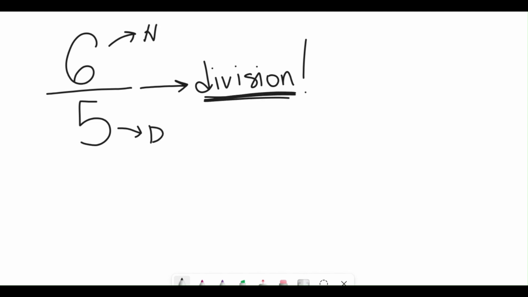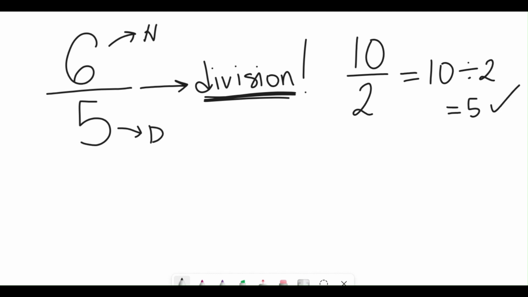So that means if it's possible, we can divide, right? Imagine we have 10 over 2. This is the same as division. So we can say 10 divided by 2, which is equal to 5.